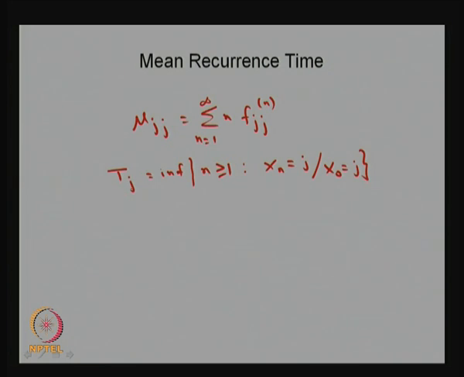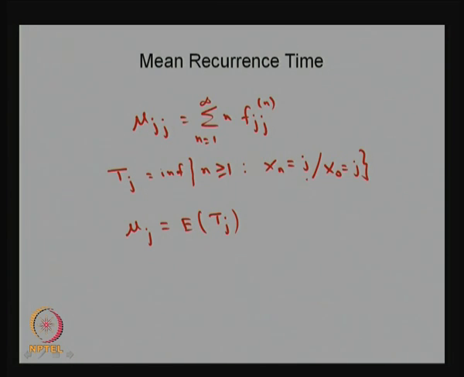So, using this random variable also you can give the definition of a mean recurrence time. Now, I can define the mean recurrence time mu j. You do not need two suffixes j comma j, one suffix is enough. So, mu suffix j is nothing but the expectation of the random variable t j.